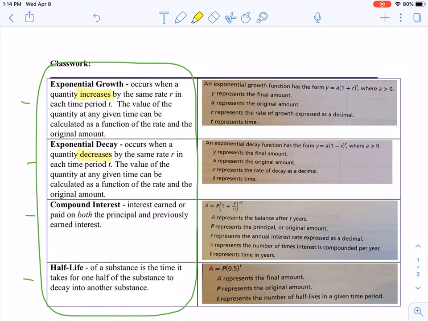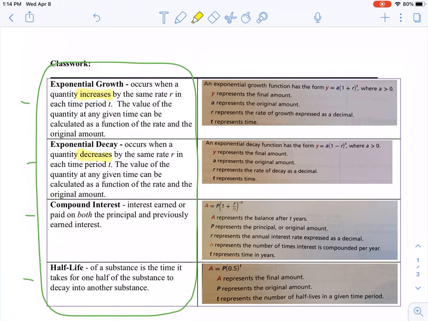And then we have compound interest. Compound interest is one that you're really going to see a lot as an adult. Your mortgage compounds. Your mortgage interest is compound interest. Any loans that you take out, school loans, are all compound interest. And investments are also compound interest as well. So compound interest can work for you or against you depending on if you're investing or if you're borrowing money.